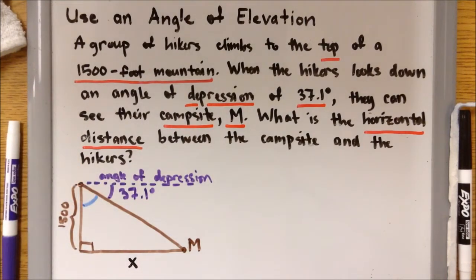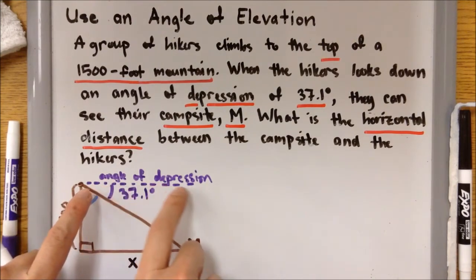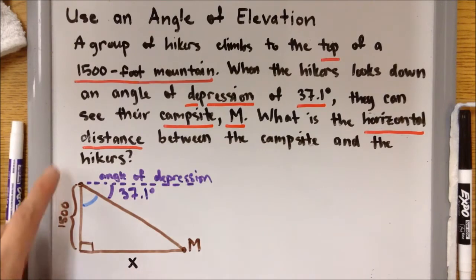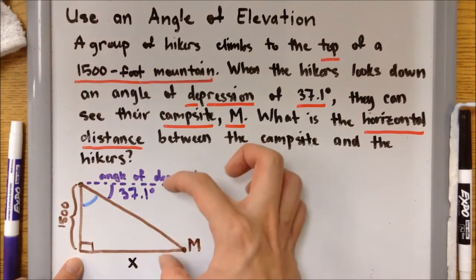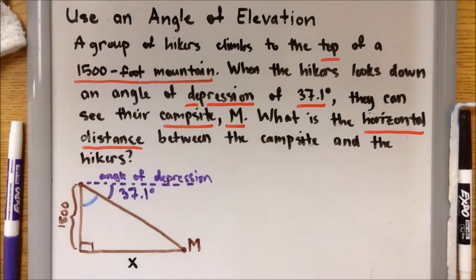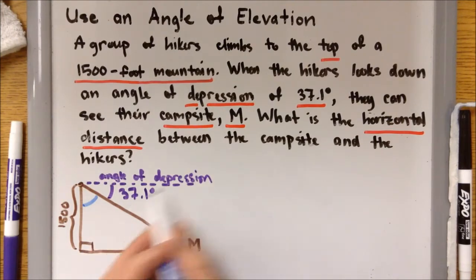What I mean by complementary is that this horizontal line is parallel to the horizontal ground, and it's a right angle with the height of the mountain. So if it's a right angle here, and these two lines are parallel, then these two angles will add up to 90.